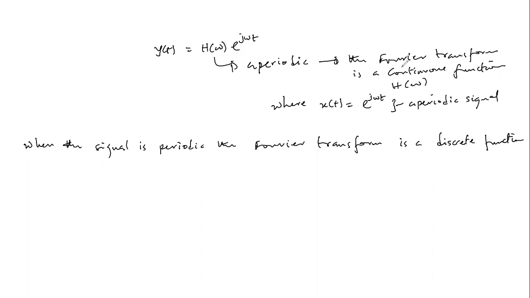Okay, so take note. Now the Fourier transform of an aperiodic signal is a continuous function, while the Fourier transform of a periodic signal is a discrete function.